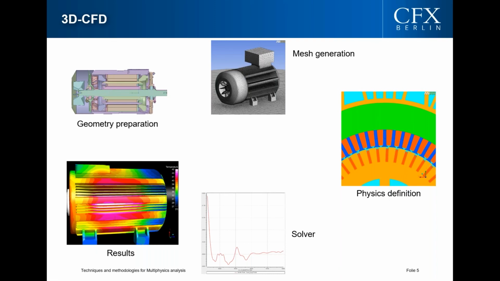Because you have a lot of parts, rotating parts, stationary parts, small gaps and everything, the mesh generation can be quite challenging too. In the third part, you have to define all the physics, so which temperature, which heat sources, which heat losses, and so on, which materials for all the bodies.